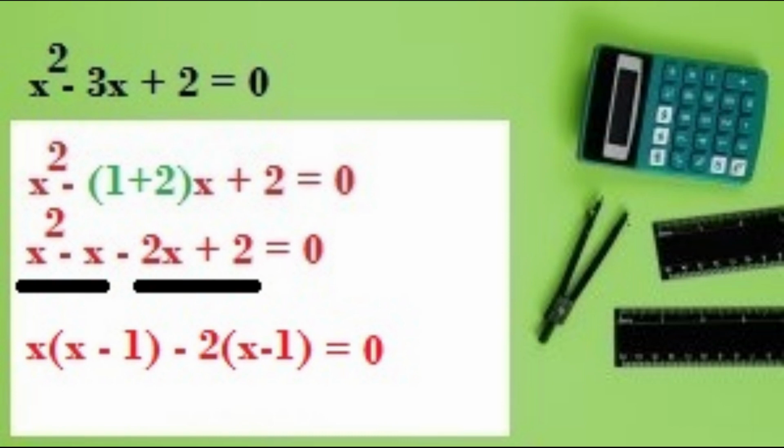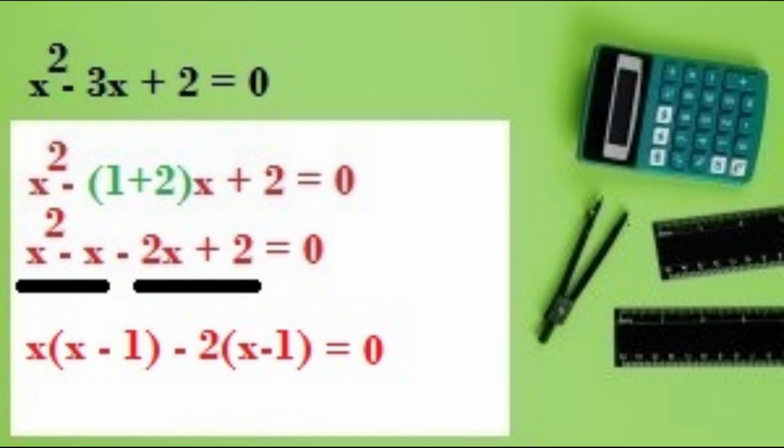And from the last two elements, minus 2x plus 2, again you take minus 2 as common, and what remains behind is x minus 1 within the bracket. You can see here that both the brackets are the same, which indicates that you are going in the right direction and your solution is right.